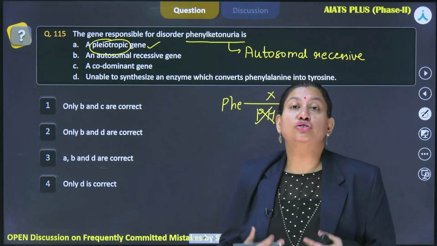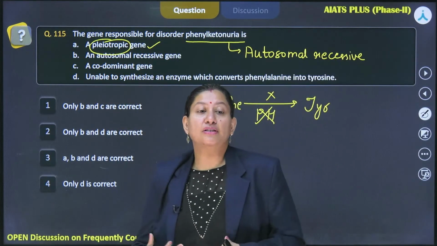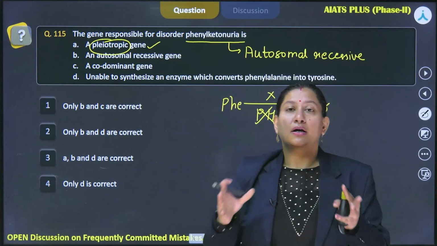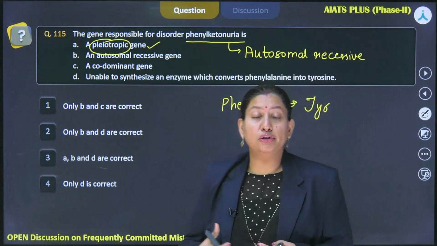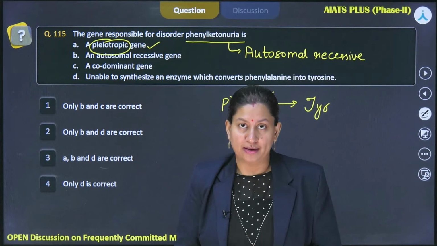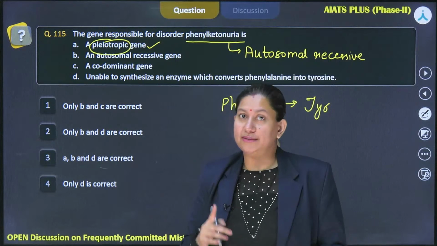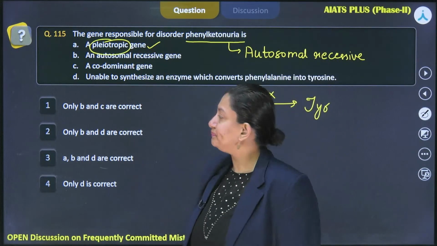And the gene that controls phenylketonuria is definitely a pleiotropic gene, because apart from its effect on mental health, it also controls skin pigmentation and hair pigmentation, right? So a single gene is controlling multiple effects. That's why we consider it a pleiotropic gene.